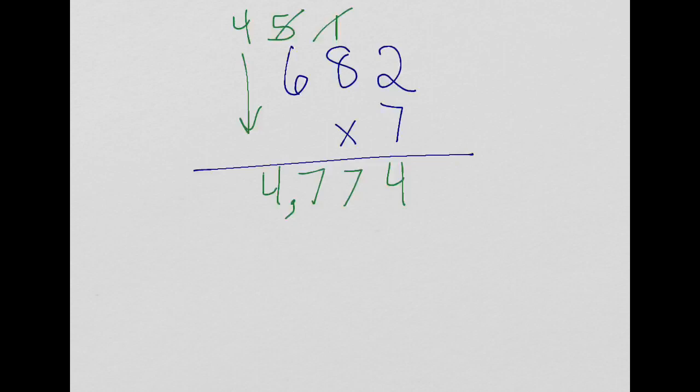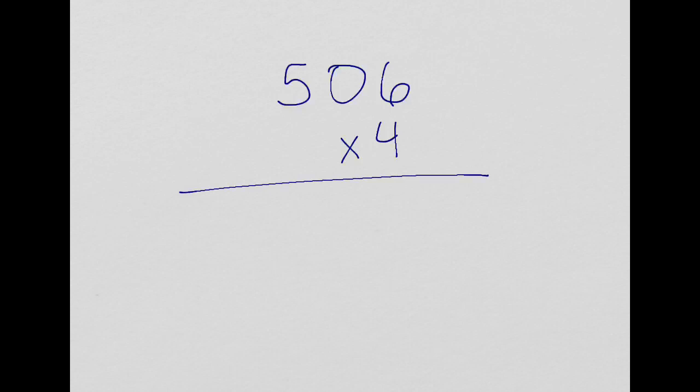Let's try another one. Let's try 506 times 4. All right, 4 times 6, that's 24. So I'm going to put the 4 and carry the 2. 4 times 0 is 0.